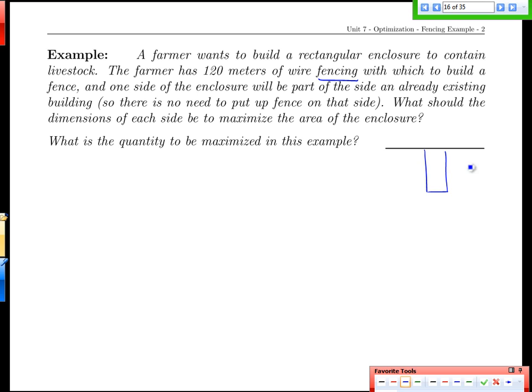And of course, it doesn't have to be those dimensions. It could be something long and flat too, if that's advantageous. The goal here is, of course, to maximize the area. We have a limited perimeter, but we want to maximize the area enclosed. So our goal here is to maximize the area enclosed.